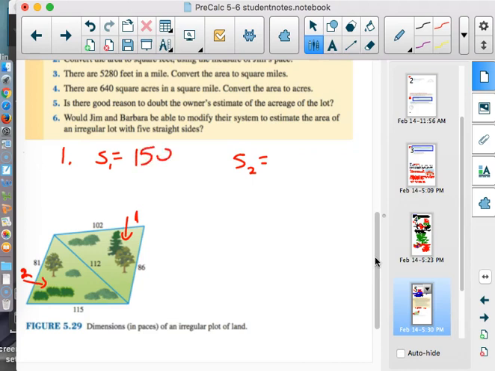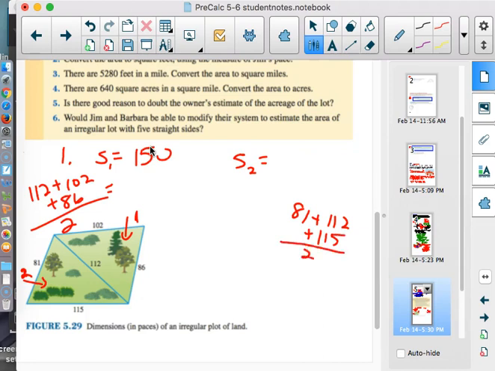I better write down what I just did so that I can print these notes off for somebody. So that's the semi-perimeter for the first triangle. For the second triangle, we would take 81 plus 112 plus 115, and then divide that by 2, and that semi-perimeter comes out to 154. So now we have the semi-perimeters, and we're going to put them into Heron's formula.